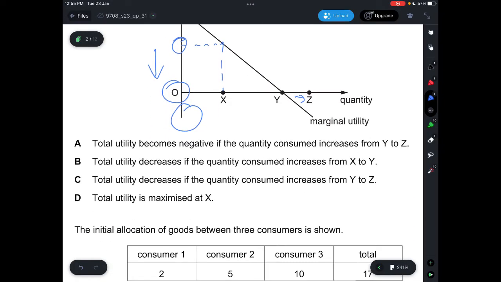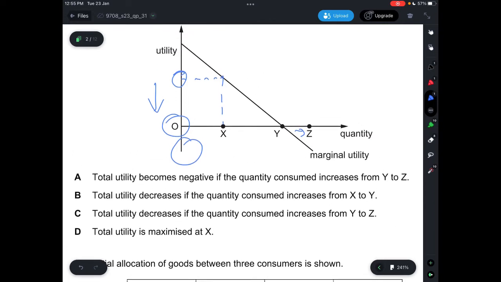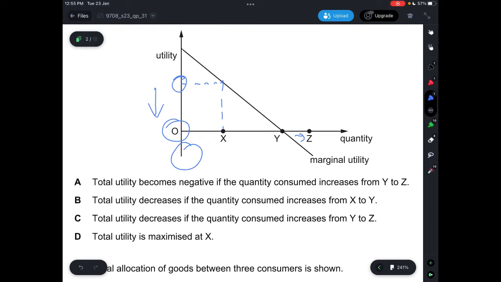So if you look at the 4 options here, A says total utility becomes negative if the quantity consumed increases from Y to Z. Total utility will not become negative if the quantity consumed increases from Y to Z. Why? Because if you combine every single marginal utility on this line, and then you add the marginal utility you gain from Y to Z, it's not enough to change this entire thing to a negative number.